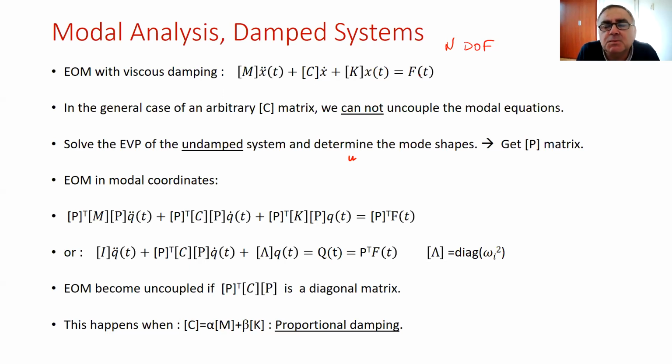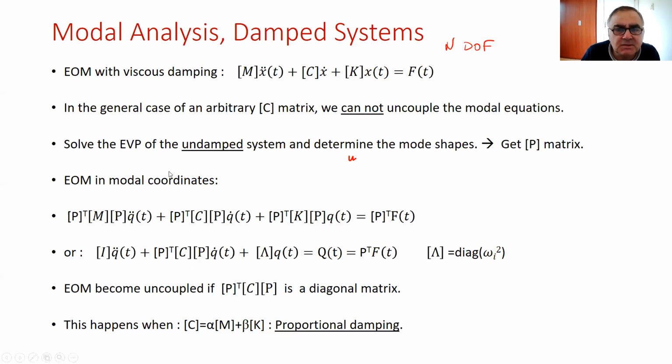Physical mode shapes that we have in undamped systems are nice and easily understandable. Okay, so we want to uncouple the modal equations, and we can uncouple those equations only in a special case, which is called the proportional damping case. I'll try to show you when we can uncouple the equations and when we cannot. Well, let's start the analysis.